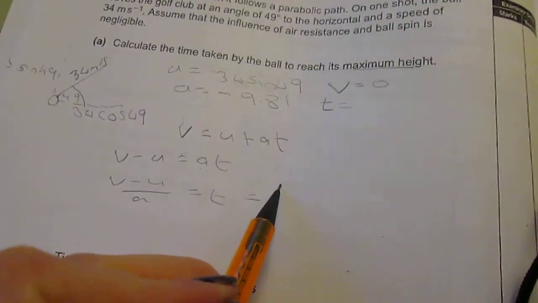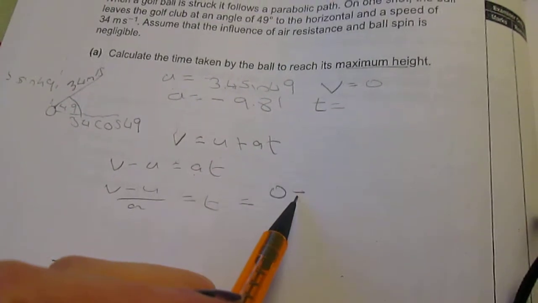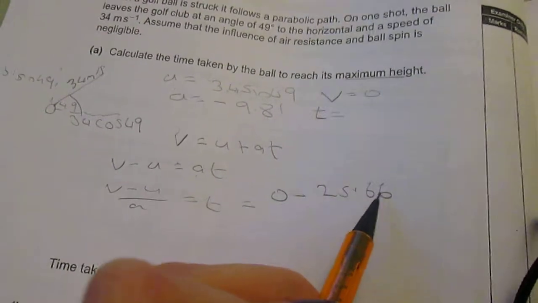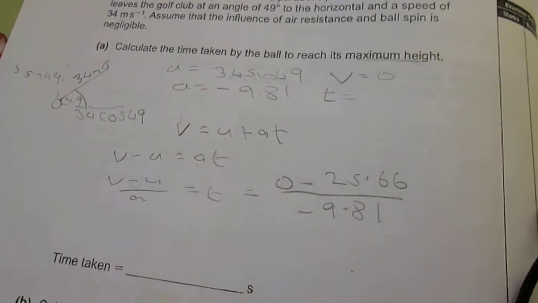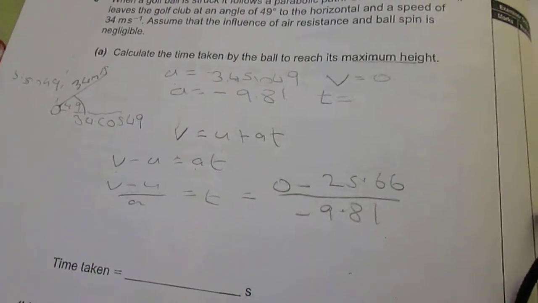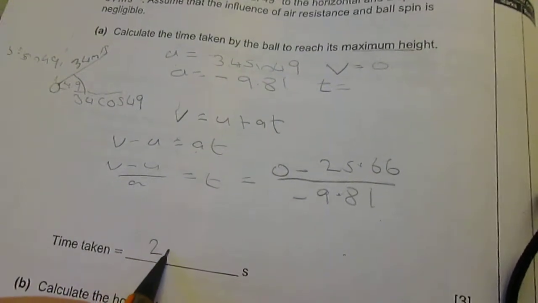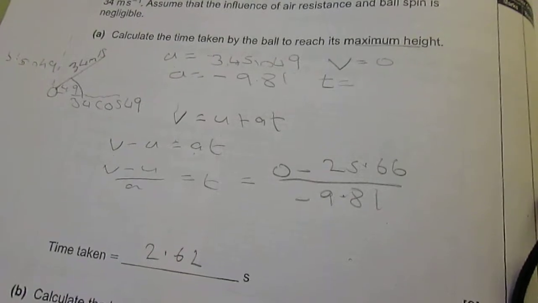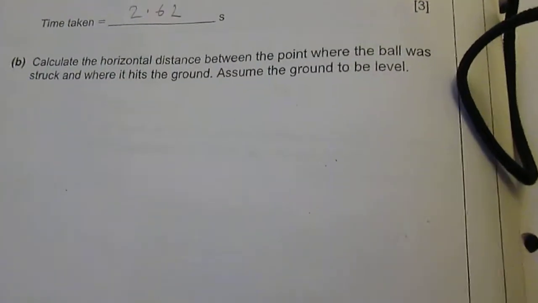So v is 0, u is 25.66, a is minus 9.81, and you will get your answer to be about 2.62 seconds.